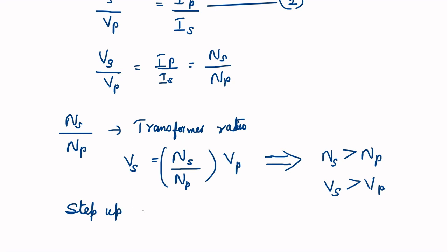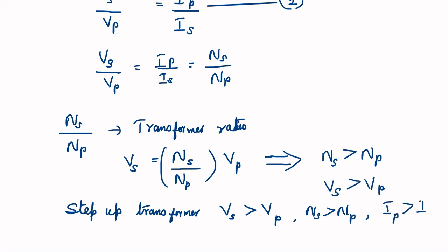So in a step up transformer, the voltage across the secondary is larger than the voltage across the primary, or the number of turns in the secondary is larger than the number of turns in the primary. Then what about current? Primary current should be larger than secondary current, or secondary current is less than primary current.